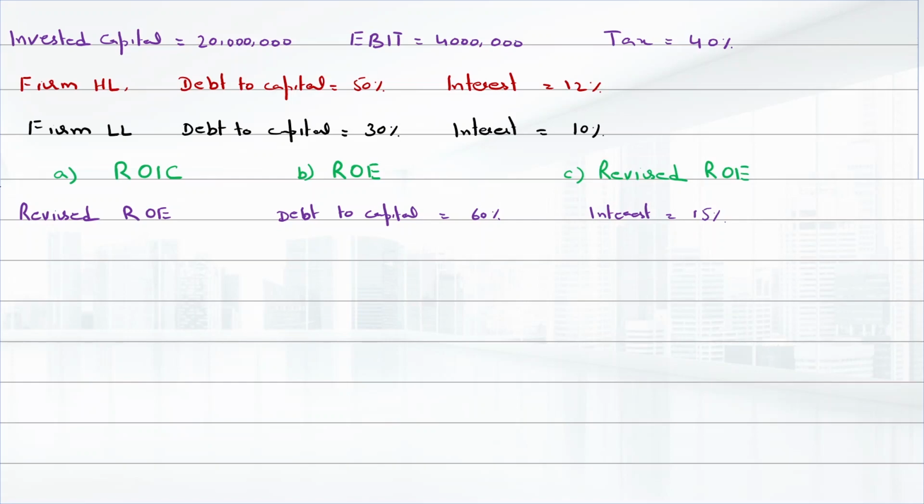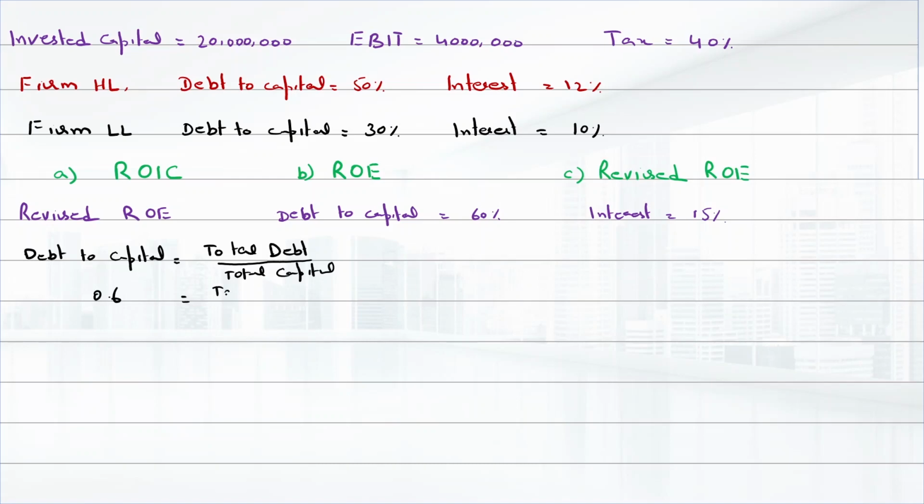Again, we will find firstly the total debt by using the debt to capital ratio. Total debt divided by total capital, that is 0.6.